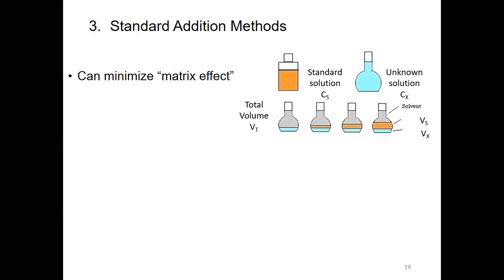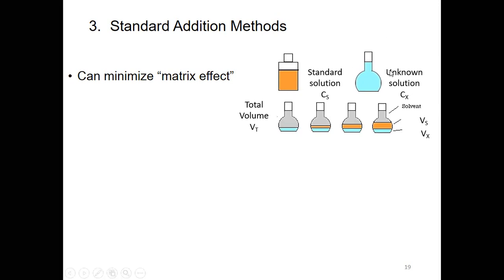I would say you should have five points, though four is also enough. You can have five data points in either the external calibration, standard addition, or internal standard method.